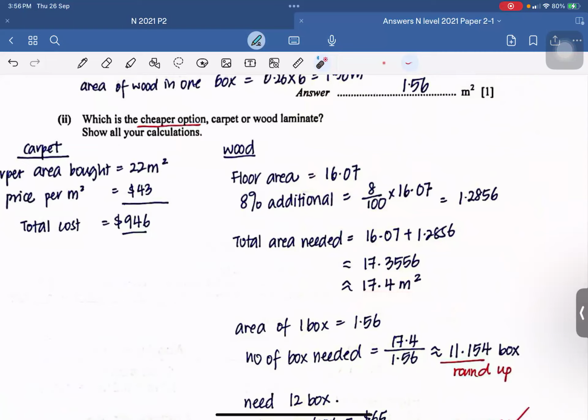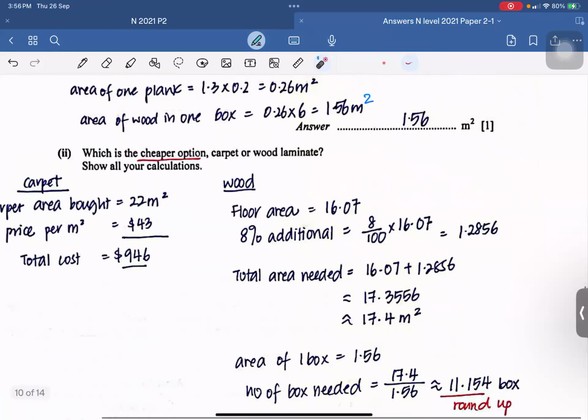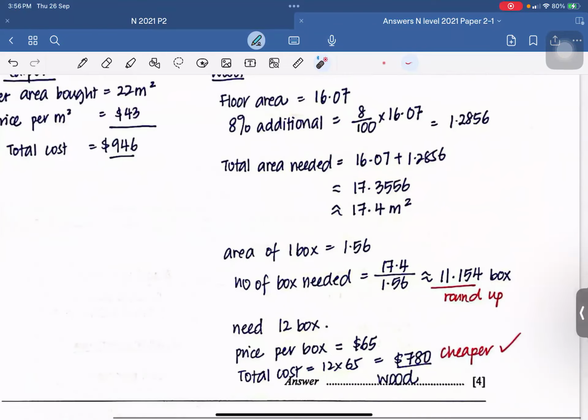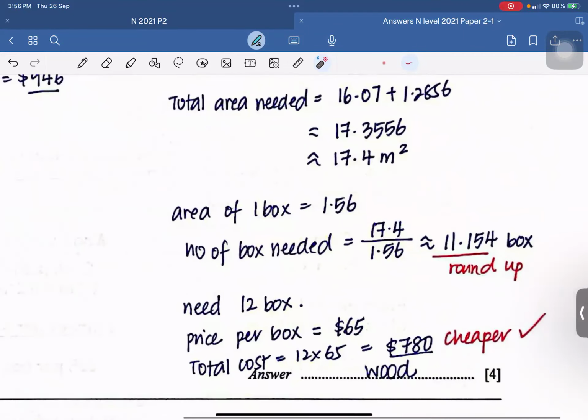But each box of wood laminate, as we calculated just now, covers an area of 1.56. How many boxes will I need? Do I round up or do I round down?